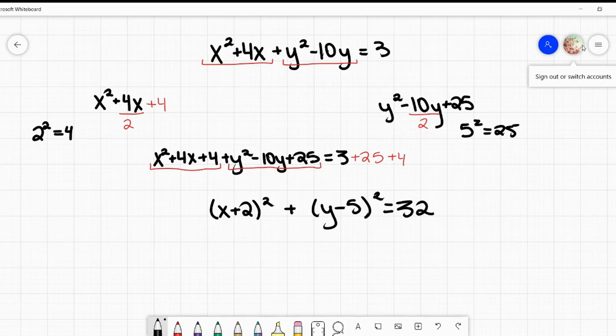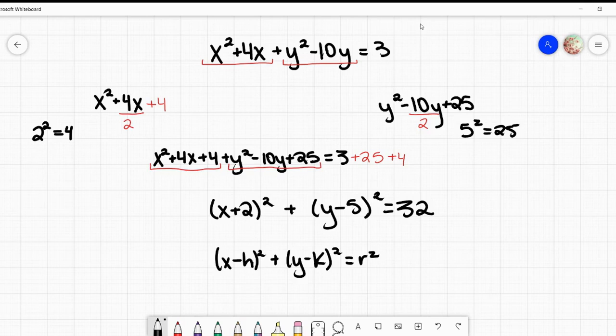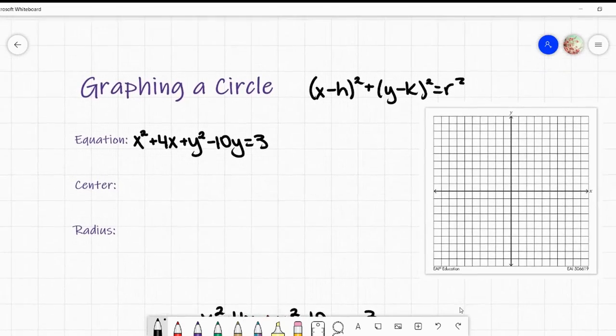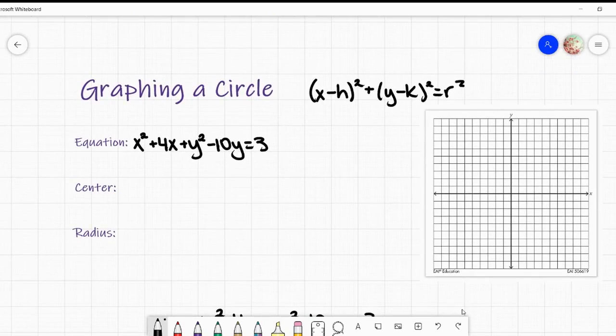Well, now we have an equation that resembles the standard form. If you recall, it looks like this, and it looks quite similar. So now all we have to do is graph. So I'm going to bring up my work back up here. So I'll just rewrite the equation from before, just so you don't forget.